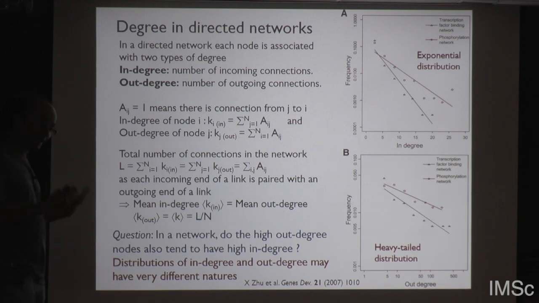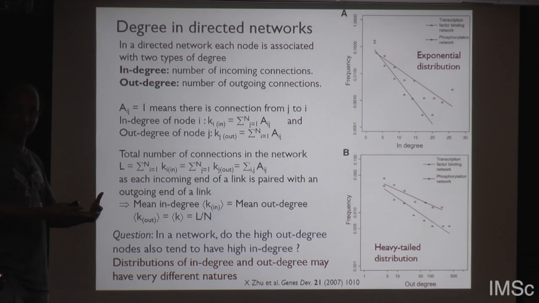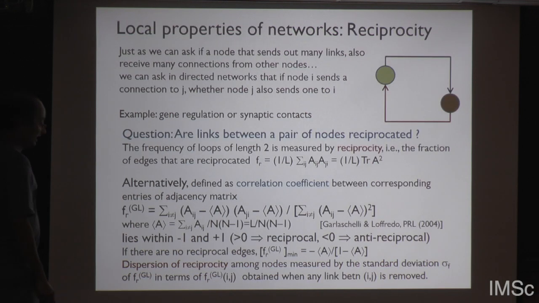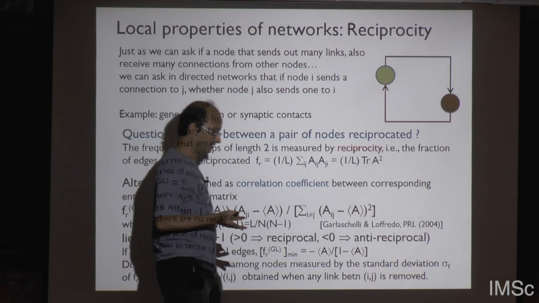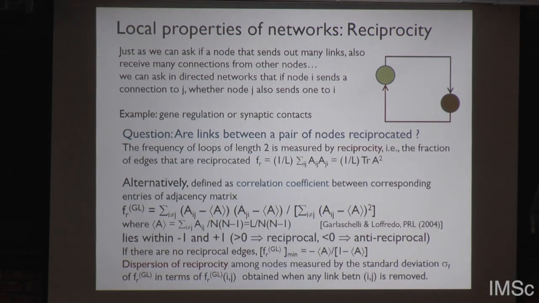Why is it that outgoing connections tend to have a different distribution, namely a heavy-tailed one, from in-degree connections? That happens to be related to the way the networks are created and also the way the networks function. Now, related to this question of whether a high in-degree node would also have a high out degree is the concept of reciprocity.